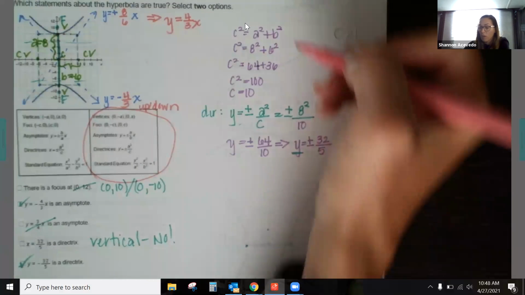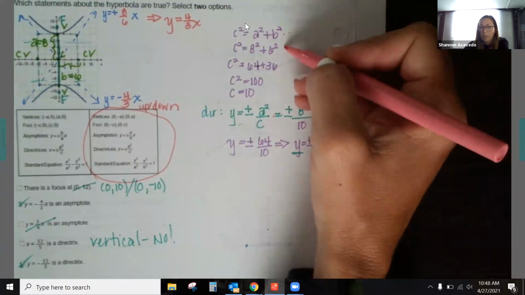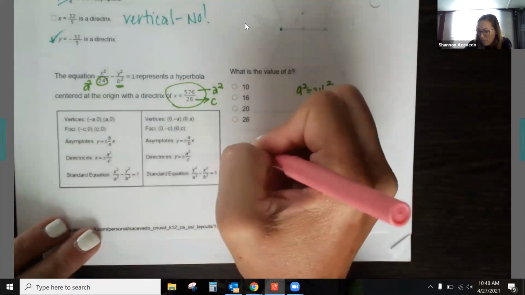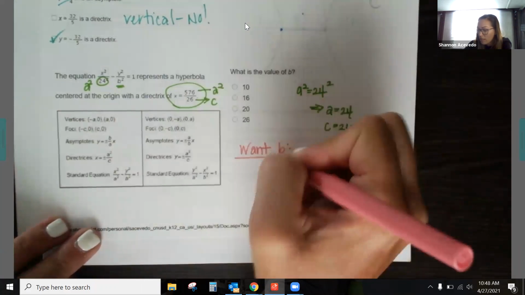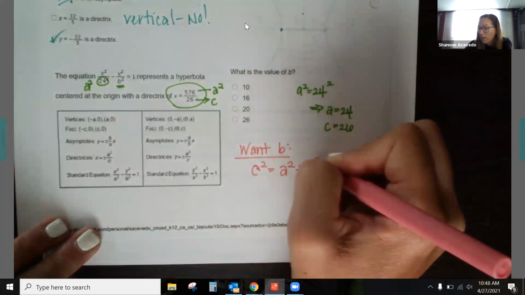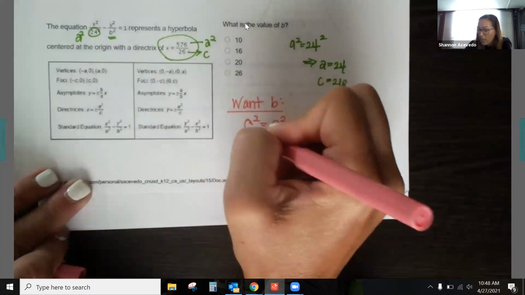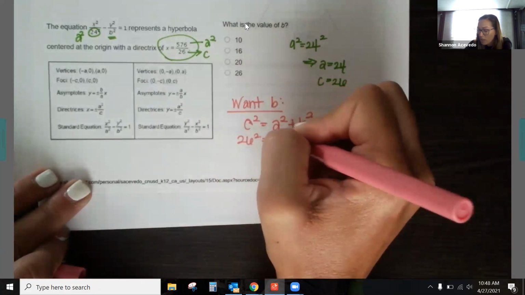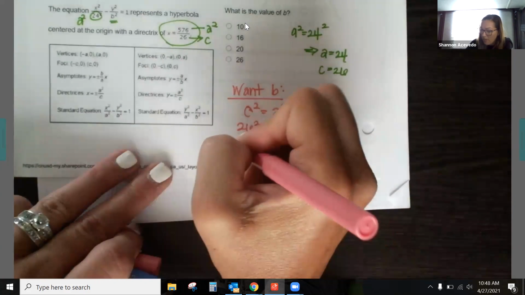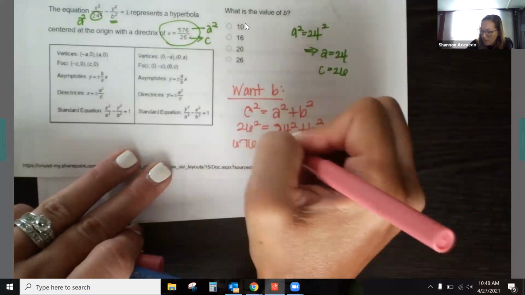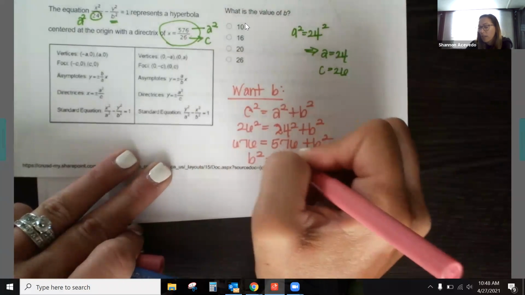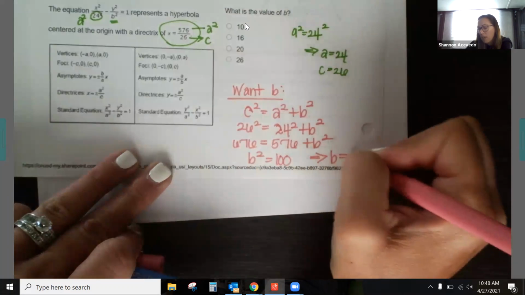So I know if I want b, then I want to use my idea that c squared is equal to a squared plus b squared. 26 squared is equal to 24 squared plus b squared. 676 is equal to 576 plus my b squared. b squared is equal to 100, which tells me then that b has to be 10.